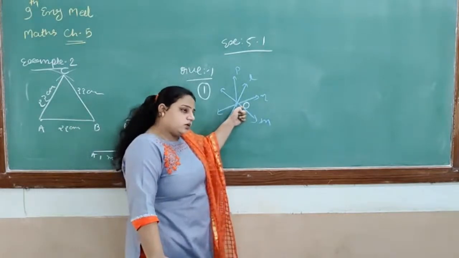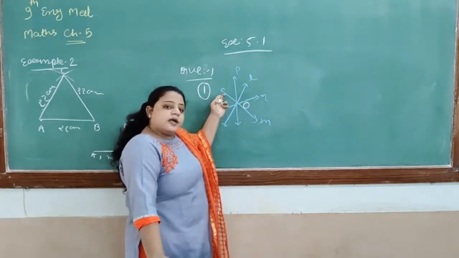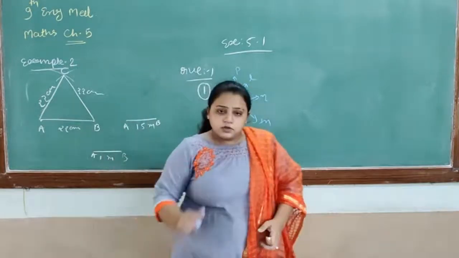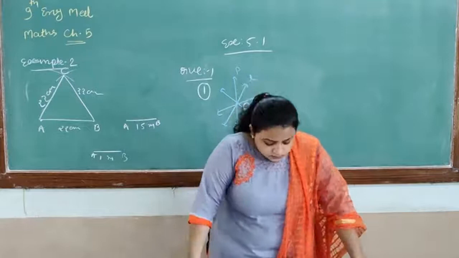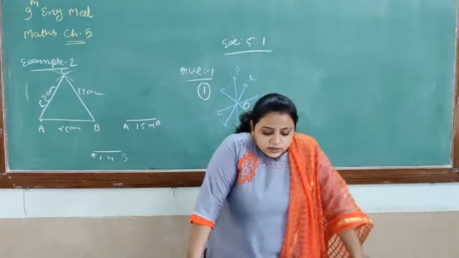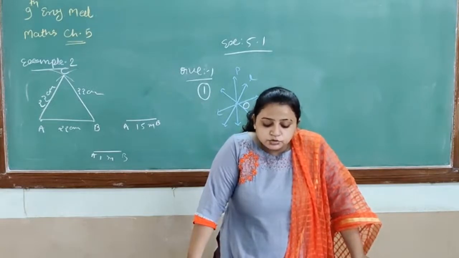So the statement is false, and you have to draw the diagram as an example. The example shows that from one point infinite lines can pass. Now second, there are an infinite number of lines which pass through two distinct points.